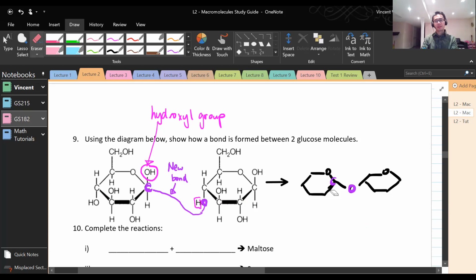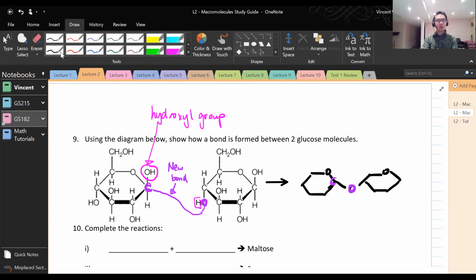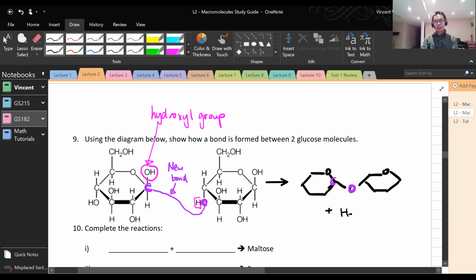This is the original glucose on the left, original glucose on the right. And after you remove a water molecule, you will be able to form a new bond. So this is a disaccharide, two sugars.